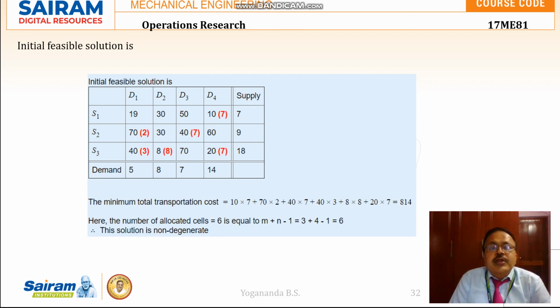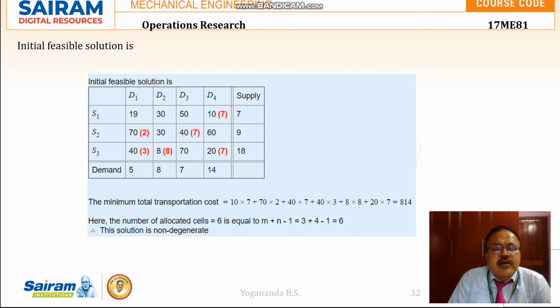The solution will be called non-degenerate because we made allocations at 6 places, equal to m plus n minus 1, which is also 6. So the solution obtained is non-degenerate. This is the initial basic feasible solution, called IBFS.